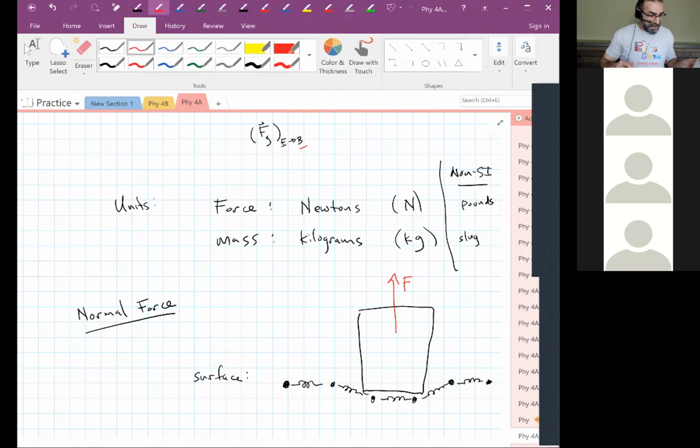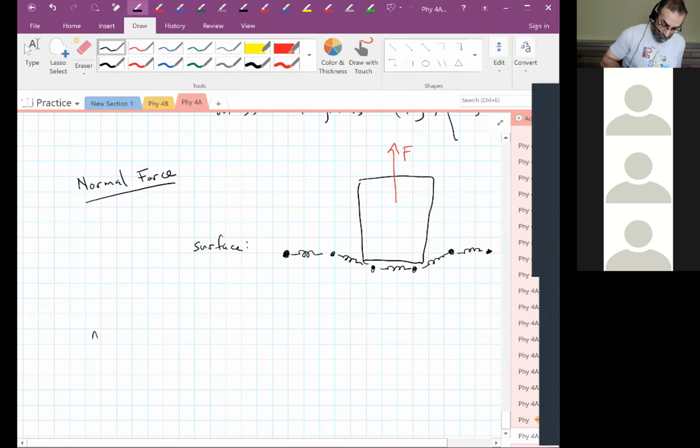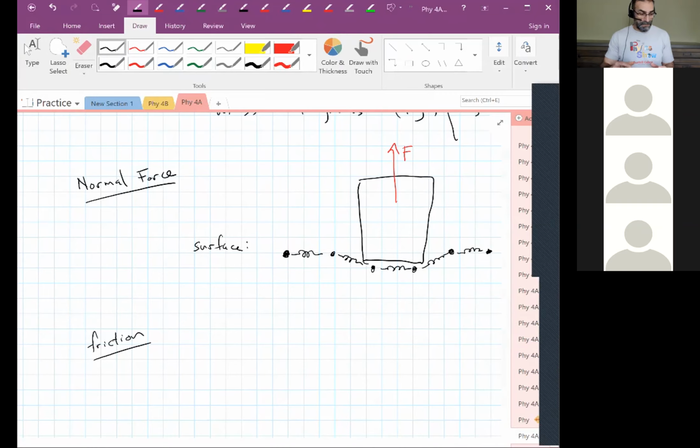The other force that we're going to deal with is friction. Let's talk about friction for a minute. Friction is a complicated force because we have two kinds, right? We have static friction and kinetic friction.